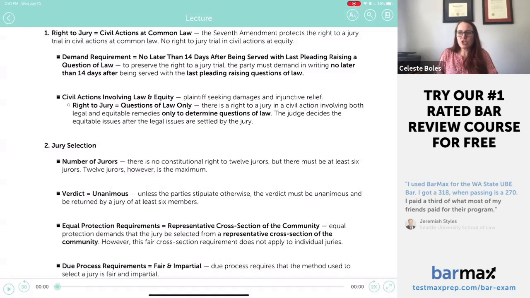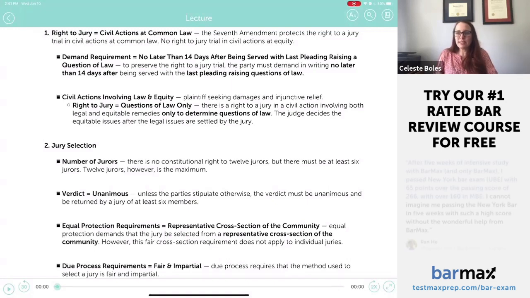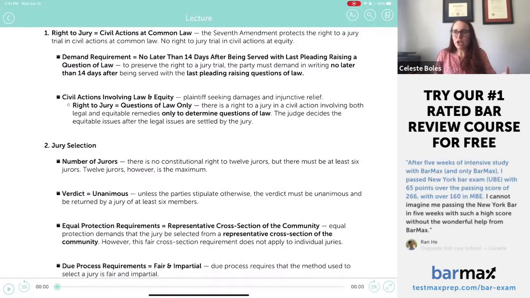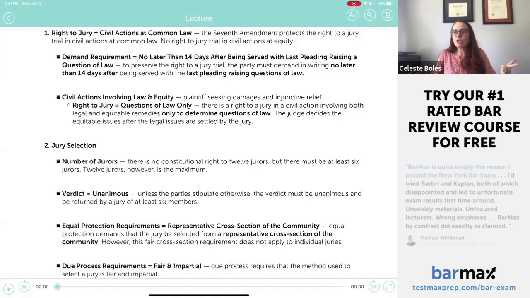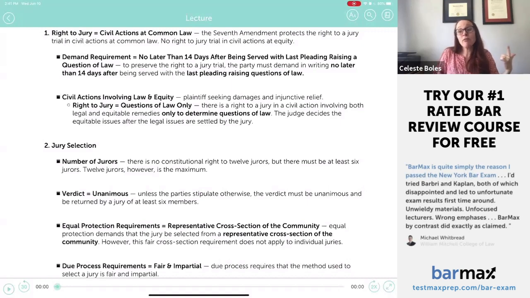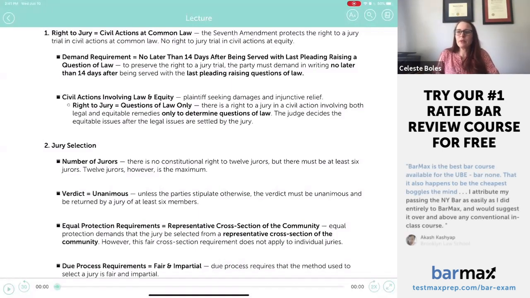You also want to make sure you understand motions for summary judgment and the standard for motion for summary judgment, the standard for motion for judgment as a matter of law, JMOL, because we've seen MBE questions on those, so we already know they like to test those on the MBE.